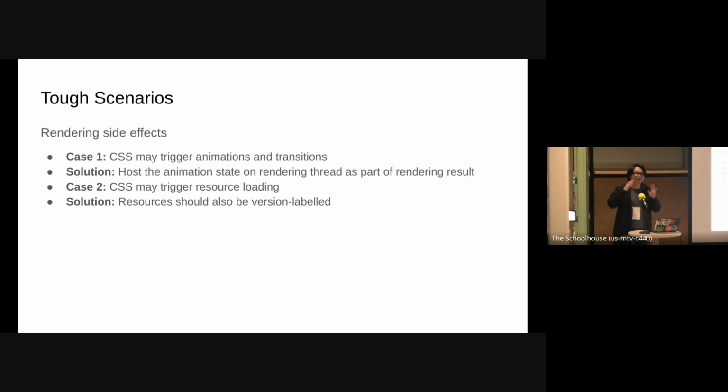For example, if we are rendering a historical version, at which time the resource hasn't started loading or is still loading, then we shouldn't put it into our render output. So the page state is not just a persistent DOM tree, but it will include a bunch of other stuff. But I believe it's going to be simpler than the DOM tree. Well, the DOM tree is still the most complicated part of it.